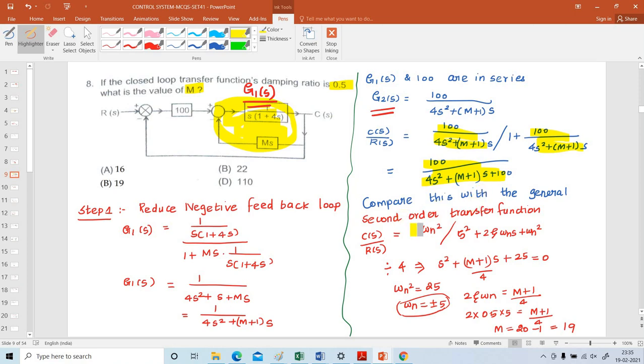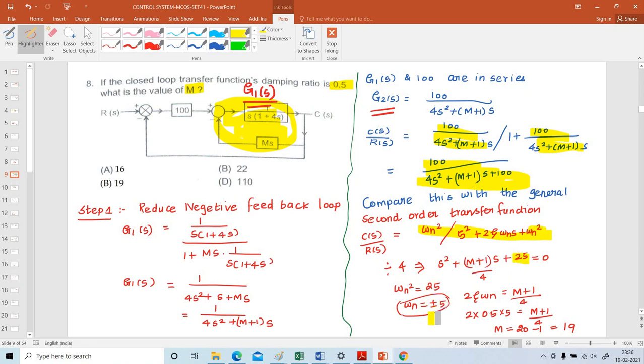Compare this with the general second order transfer function omega n square divided by s square plus 2 zeta omega n s plus omega n square. Divide the equation by 4. So the new equation is s square plus M plus 1 by 4 s plus 25 equal to 0. So what is omega n square? Omega n square equal to 25. What is omega n?